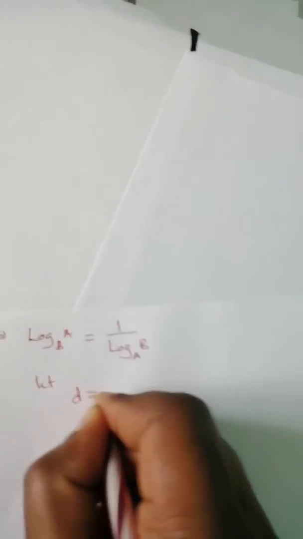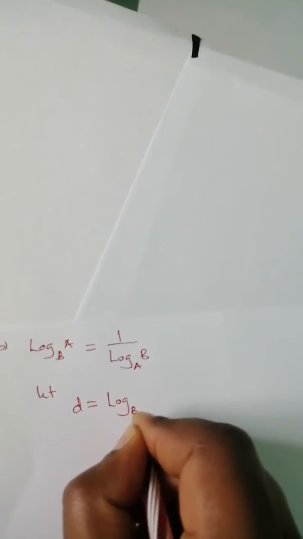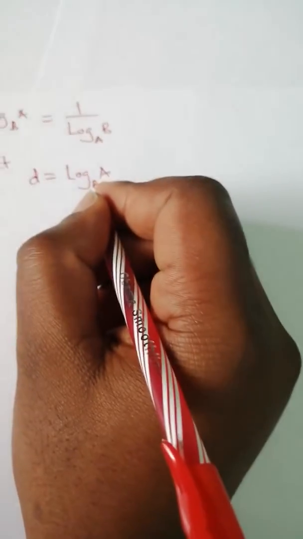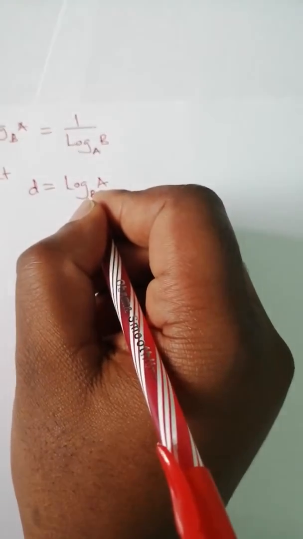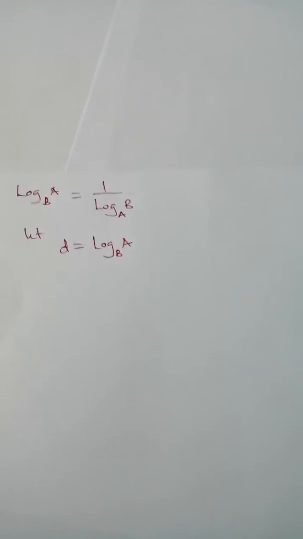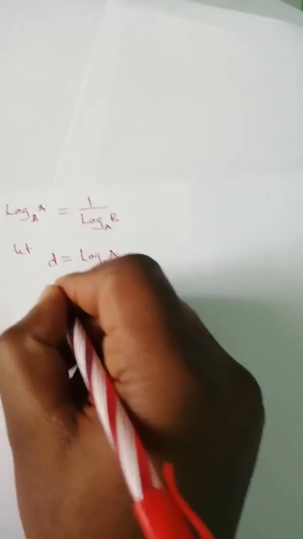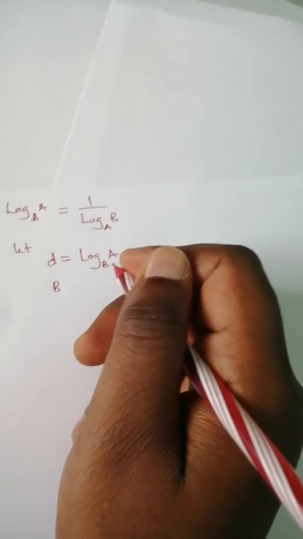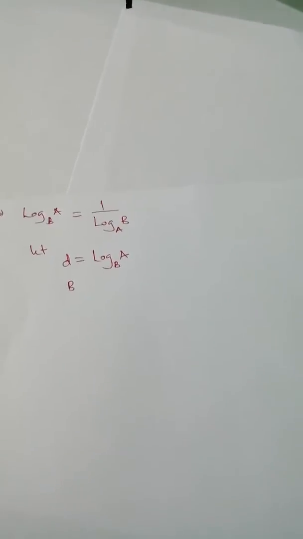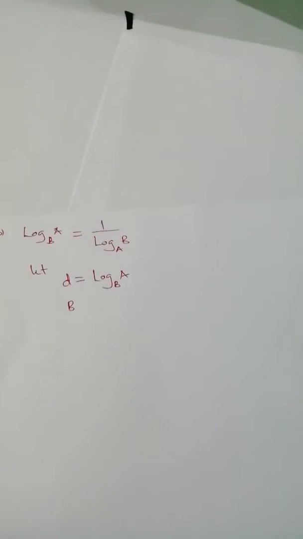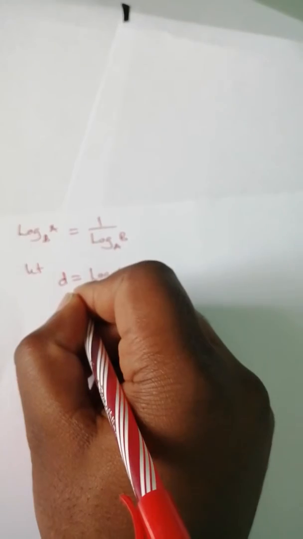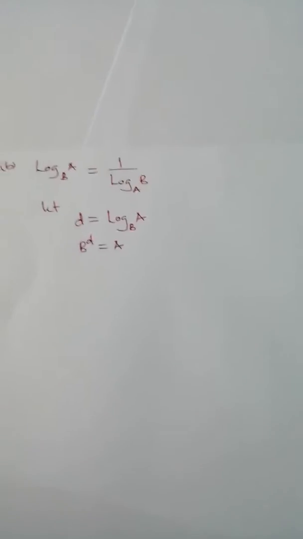We say let d be equal to log a to base b. So what does this imply? This implies that b raised to power d is equal to a.